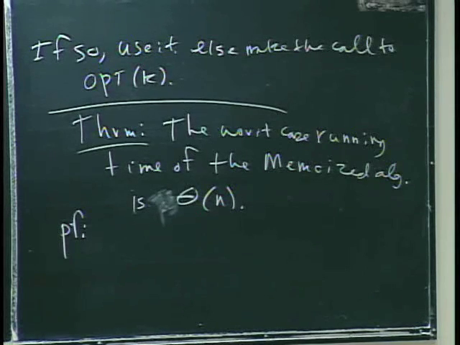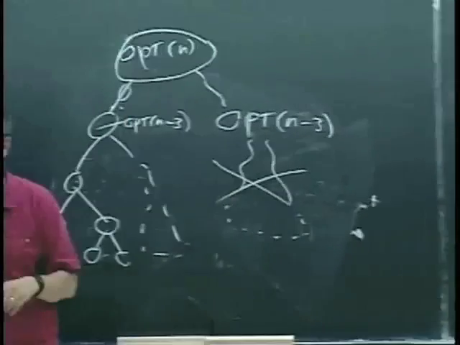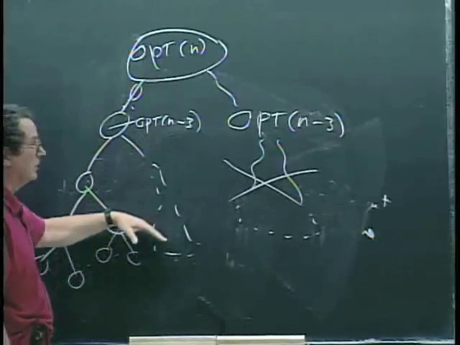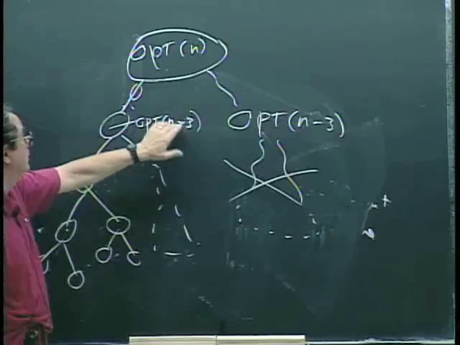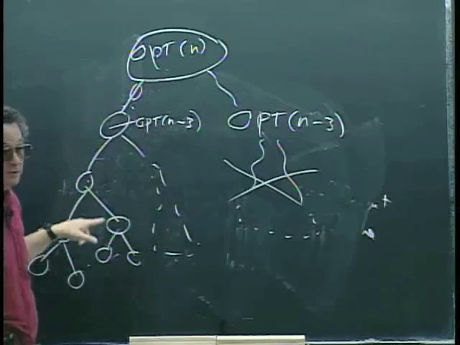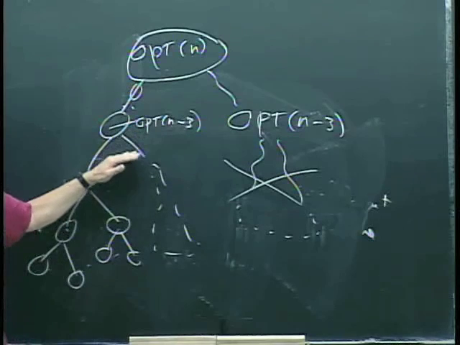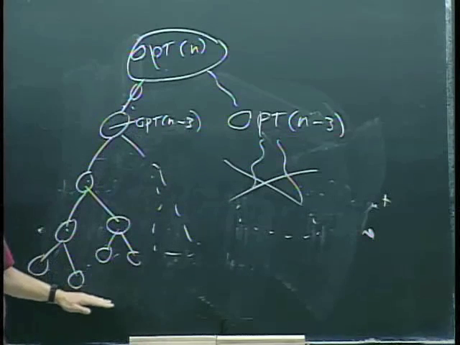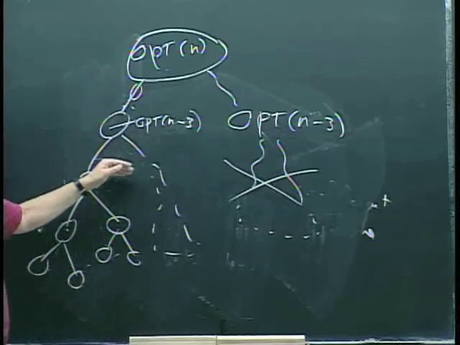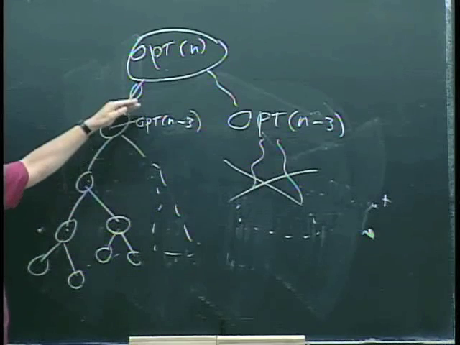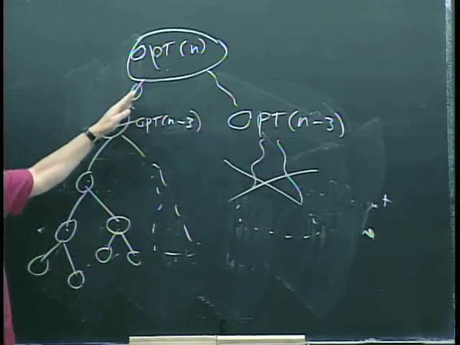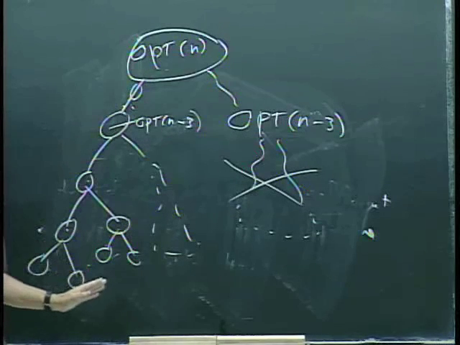That's because of the depth first nature and the fact that these intervals are getting smaller. The parameter here always gets smaller as you go down. So this is n, this is something less than n, and so on. So you're never having the same call twice in a depth first path.